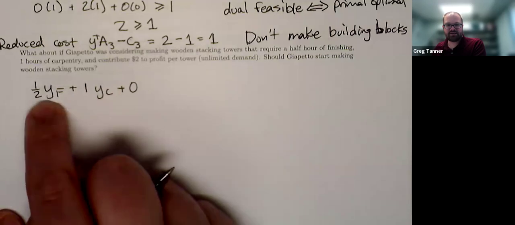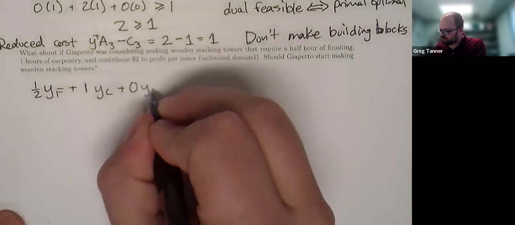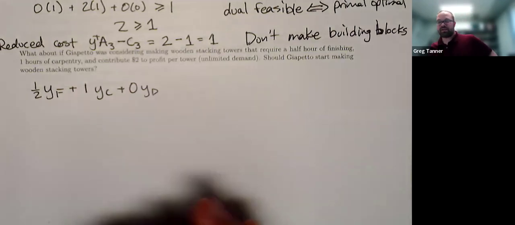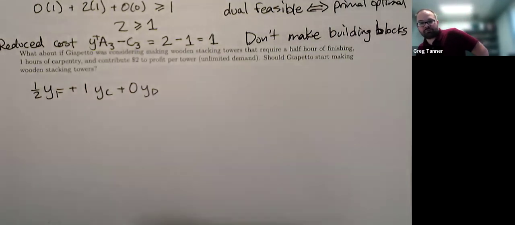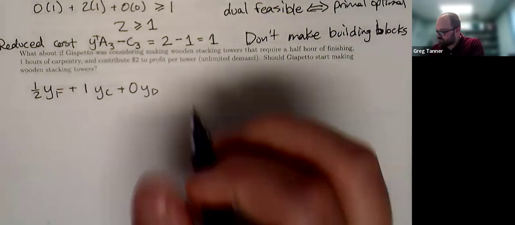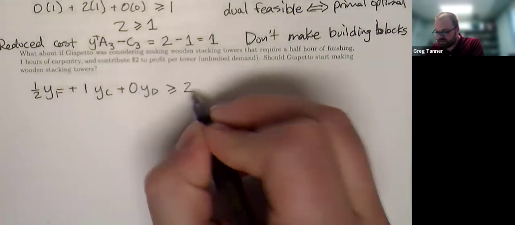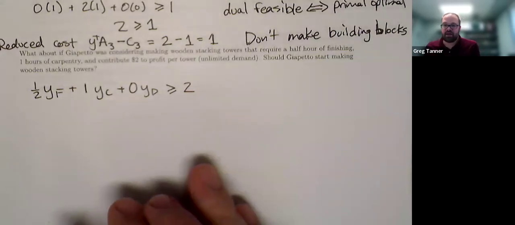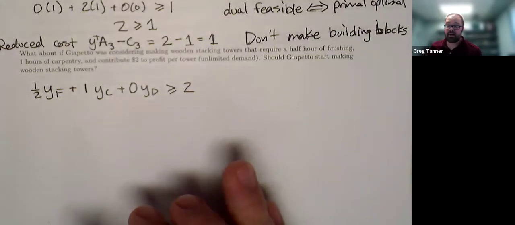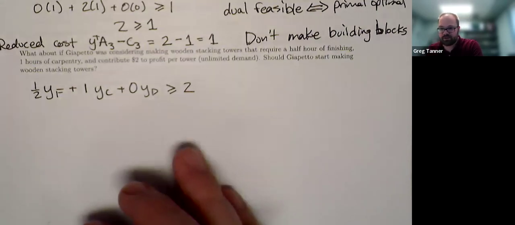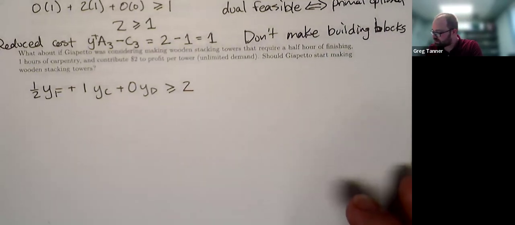Essentially, this left side is computing the cost of the labor and inputs to the problem. And if that cost is bigger than the profit, which in this case is $2, then it's not worth making, and our current basis remains optimal, and we shouldn't make any stacking towers.